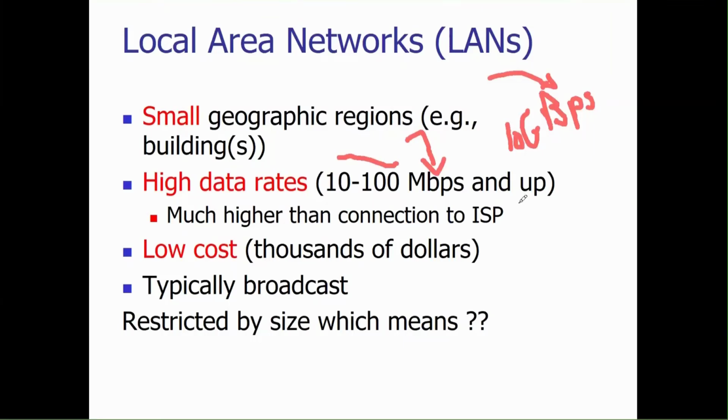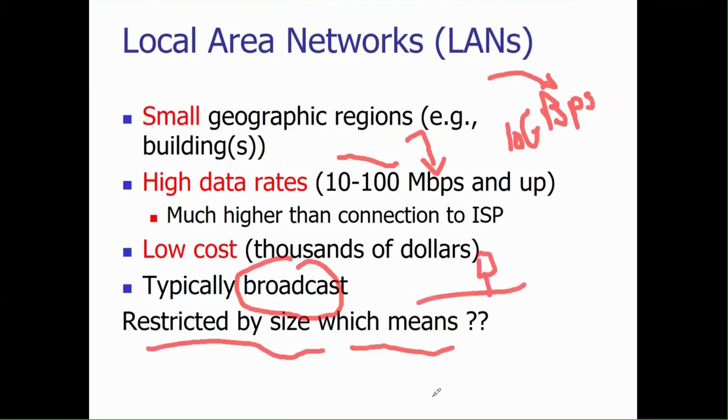Typically in a LAN, we said the transmission technology that we use is broadcasting because we're using a bus. And because we are restricted by size, what does that mean? It means that we can use a LAN for testing purposes. I could test other protocols in a LAN because I'm limited with size, so I have an upper bound.